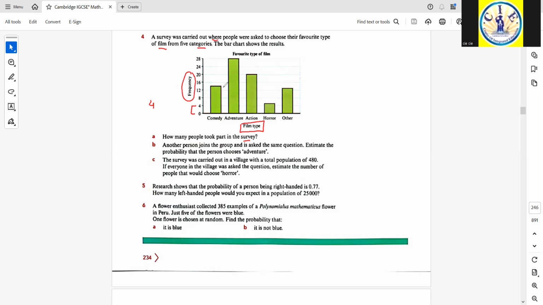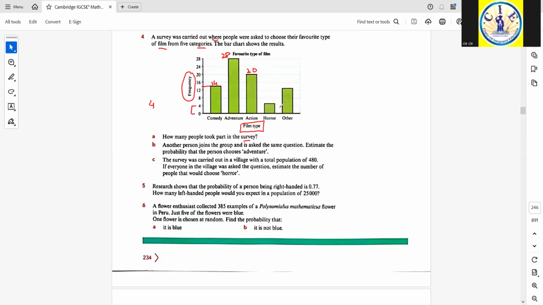So this is again containing 4. In between this 12 and 16, it is going to be 14. This is 28. It is 20.